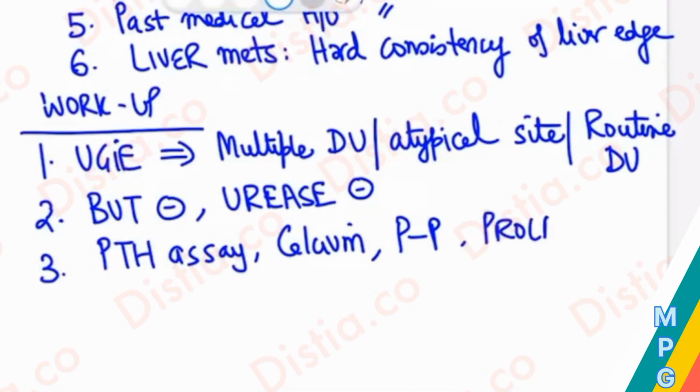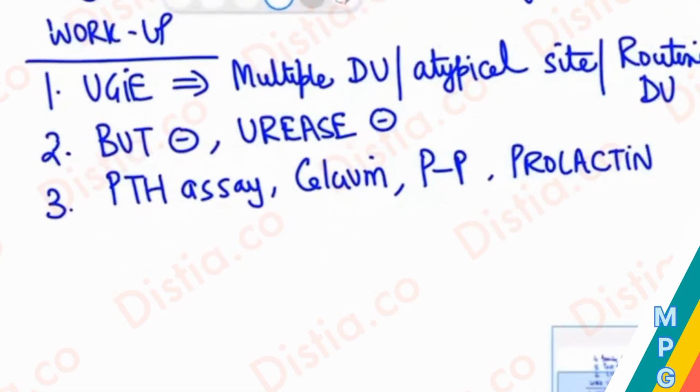Prolactin levels will also be helpful because it can pick up a prolactinoma, which is associated with MEN. In point number 3 of investigations, I am trying to check whether the person is having a multiple endocrine neoplasia associated or not.